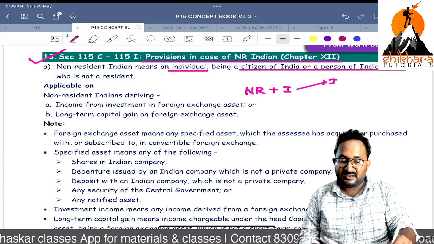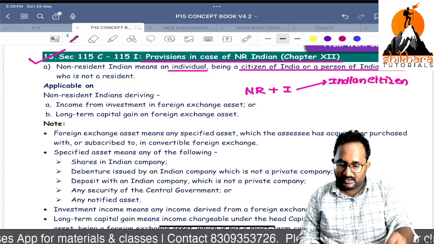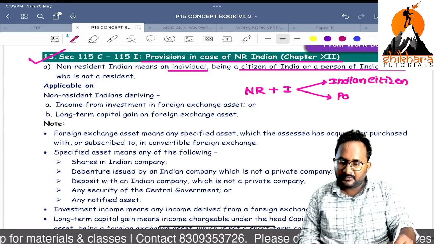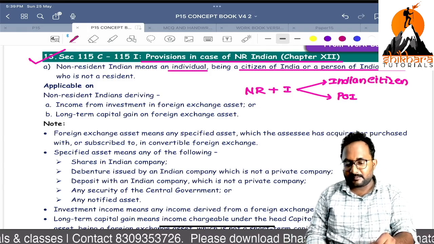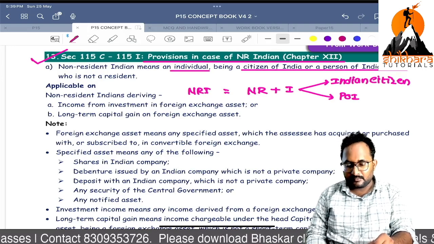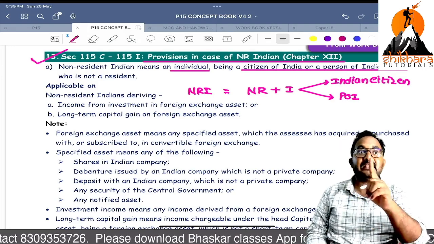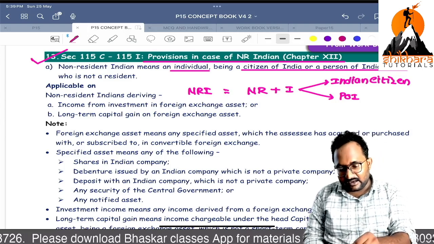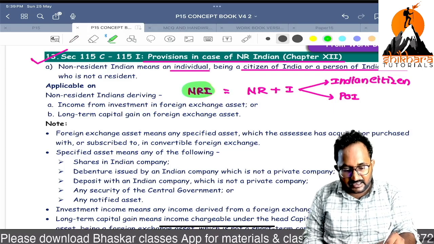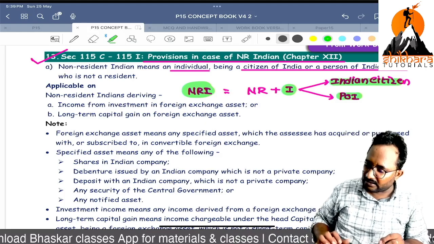The individual may be an Indian citizen, or a person of Indian origin. Then we can call that person what, ma? NRI. Non-resident individual or non-resident Indian? Non-resident Indian. Are you clear? So Indian means nothing but an Indian citizen or a person of Indian origin.